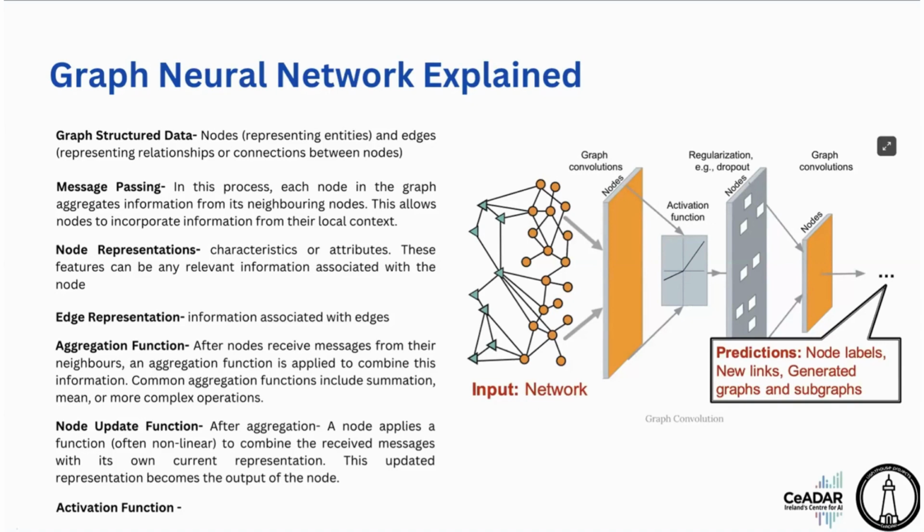Then we do the aggregation function, where we find the neighbors connected with each node and combine the information of each node, summing the information of the different nodes and edges. Then we update the node function once the aggregation is done, and finally we do a prediction. The prediction can be node labels, node links, or generated graphs and subgraphs.